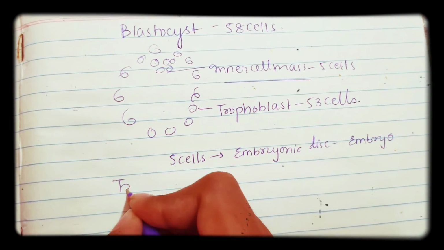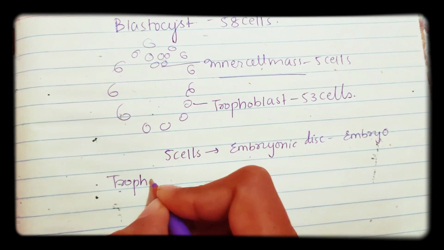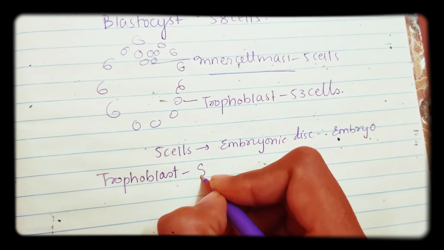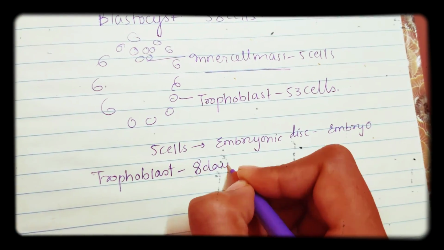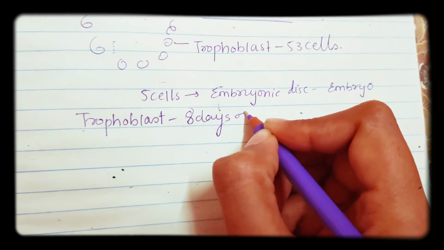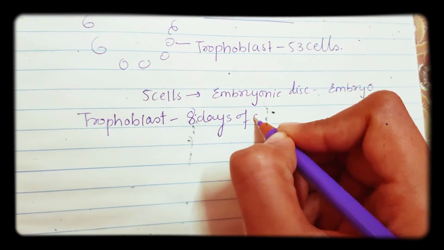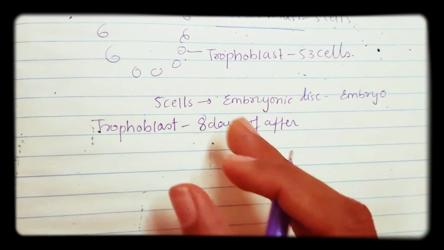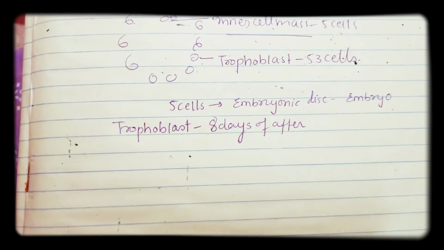The trophoblast is divided mainly by the 8th day after fertilization. Here you need to mention after. After 8 days of fertilization, the trophoblast will start dividing. What is the trophoblast?